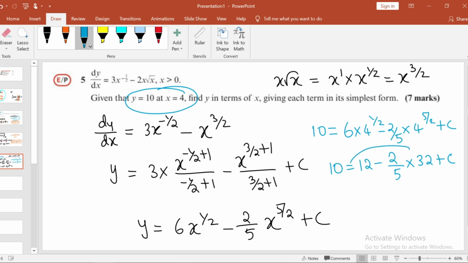You need to simplify this whole thing and bring it here, subtract from 10, that would be the value of c. Use your calculator to find c.